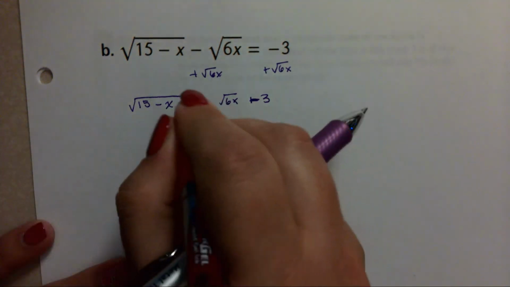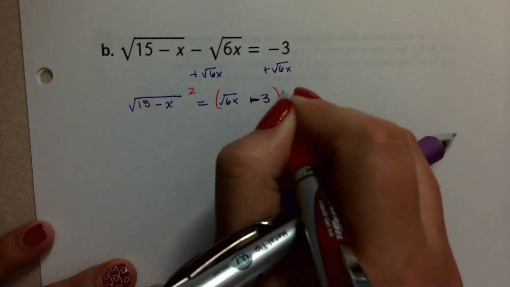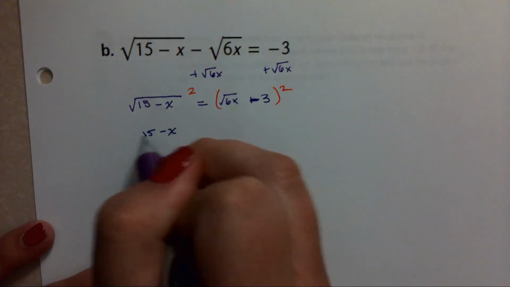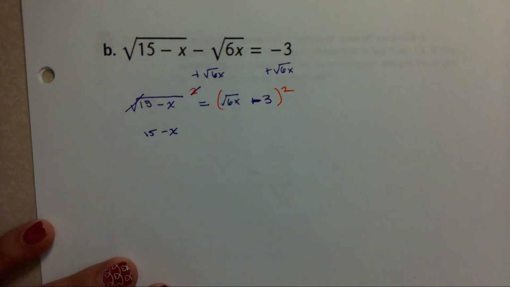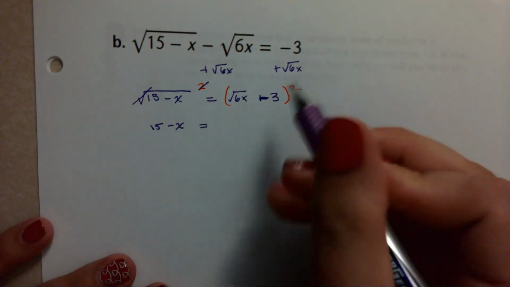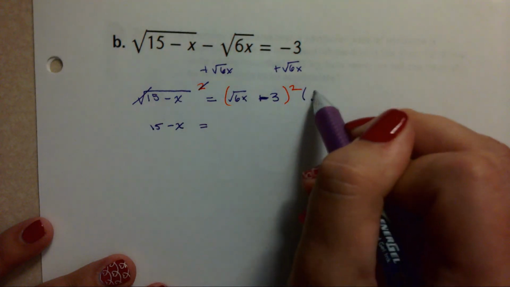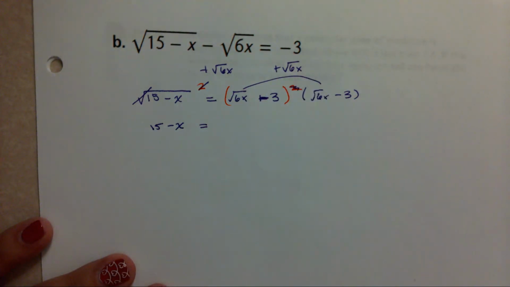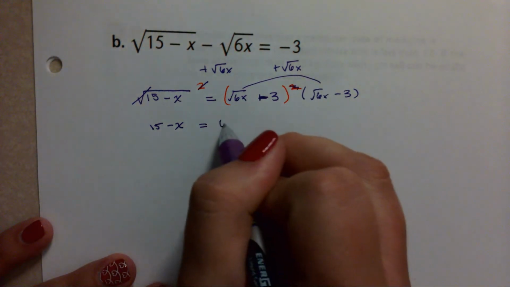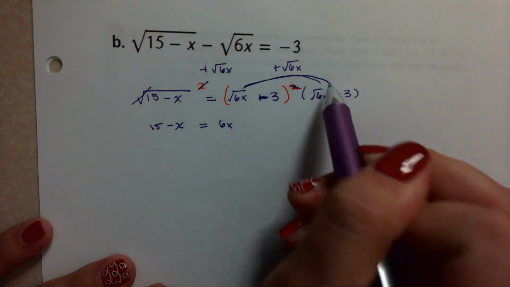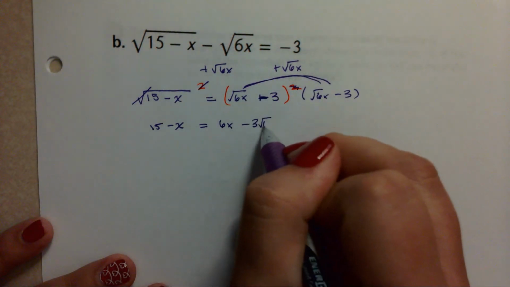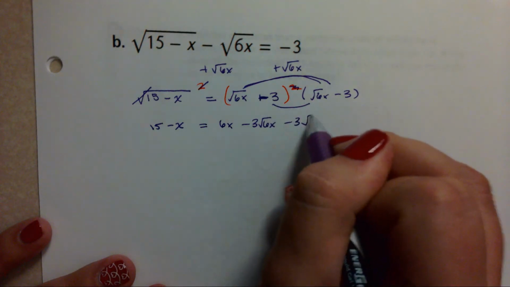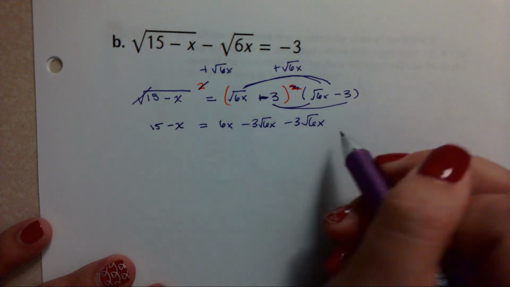And then we'll square both sides, which gives me the 15 minus x, because the square root and the square will cancel, equals, and I'm just going to write this right next to it. So square root of 6x times square root of 6x is 6x, minus 3 root 6x, minus 3 root 6x, plus 9.